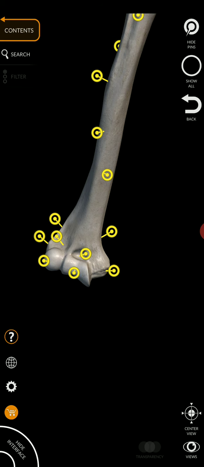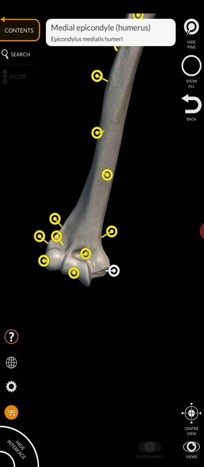So on the medial side, so this is the side that faces the body, you have what's called the medial epicondyle. An epicondyle is a condyle or rounded process that is above or upon a condyle, and you've got two condyles down here which you don't have to know, just know that those are condyles, and because this is a condyle that's above or upon those condyles, it's called an epicondyle.